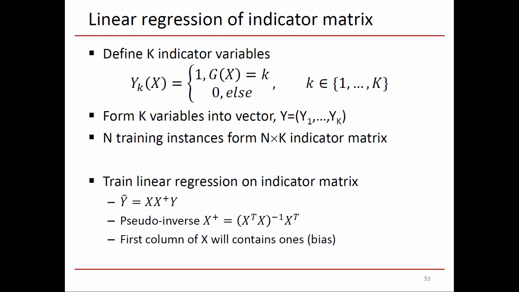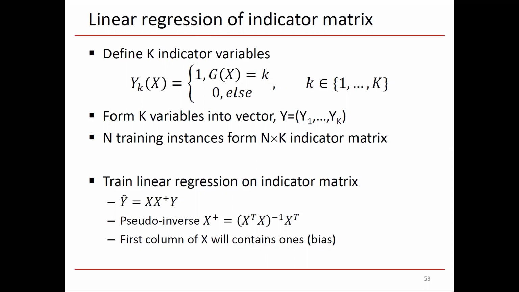One more comment. The first column of x will contain ones. This will be possible DC offsets. And overall, this approach is trying to create linear scores that are close to these yk of x's in the training data, and hopefully the linear function will, for many of the x's, give the correct maximum.